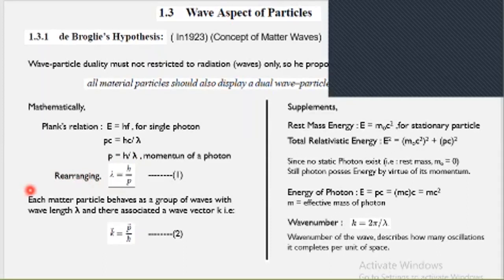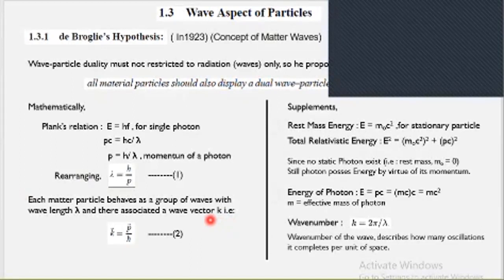At this point, in the quantum mechanical view, we consider a particle as a group of waves, or we can say this group of waves is a wave packet. Each group of waves consists of waves with different wavelengths.